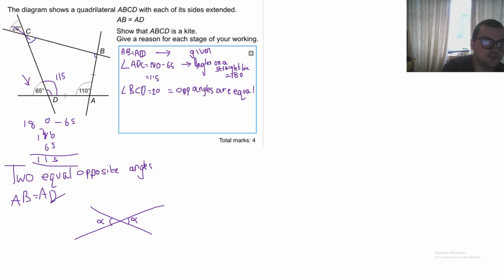Okay, now we can finally solve for ABC, sorry, the angle we're actually looking for, this one here. Because all angles in a quadrilateral add up to 360, all the interior angles.